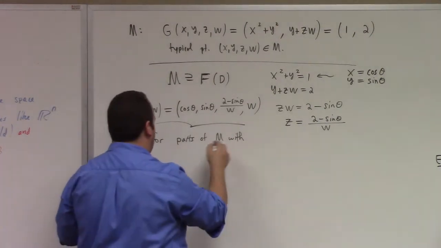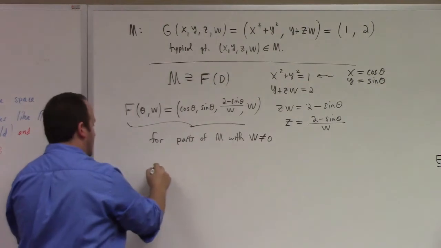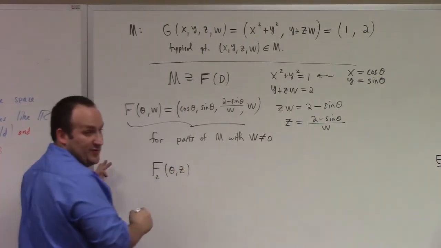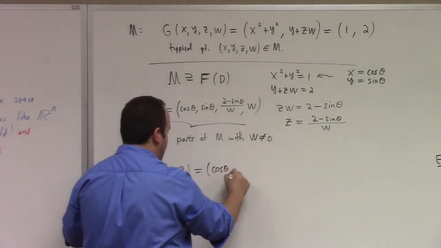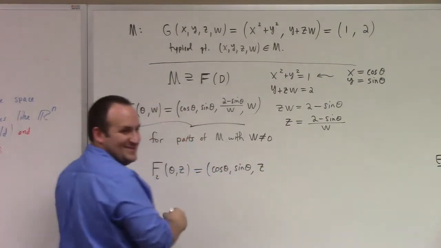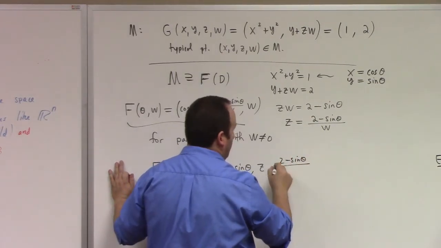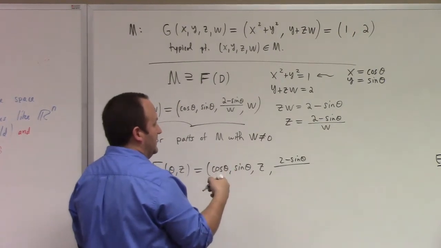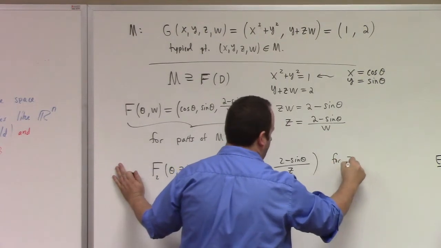Apparently there's another one, F2, where we use theta and z as parameters, and there I would use the parameterization cosine theta, sine theta, z, and 2 minus sine theta over z. This is for z not equal to 0.